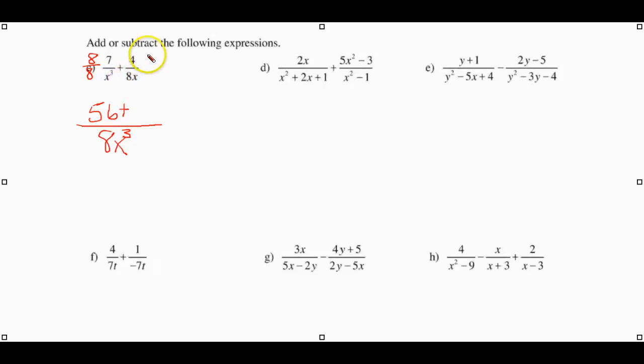What form of 1 are we going to multiply 8x by to make it 8x to the third? If you said x to the second, which is a form of 1, but now multiplying our denominator here makes it 8x to the third. Now our numerator becomes plus 4x squared.